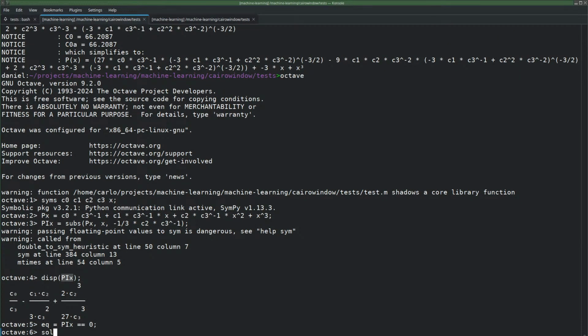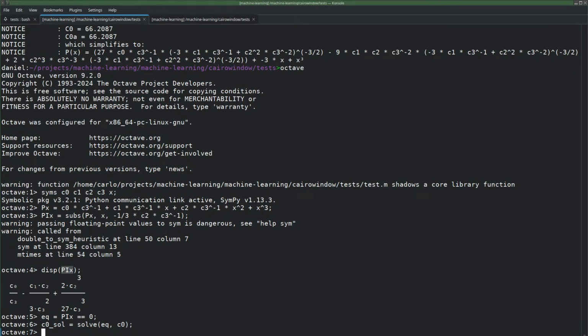And then we solve, so whatever solution, solve. No, come on, that is C0. It is the solution of C0. Solve the equation for, well, C0. So we can display that.